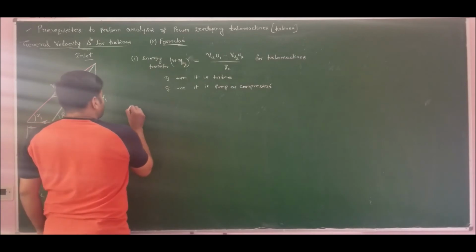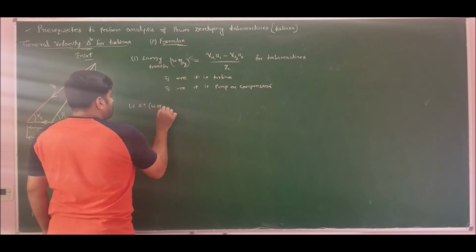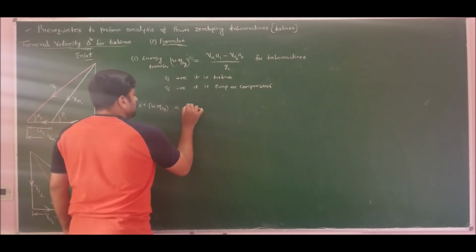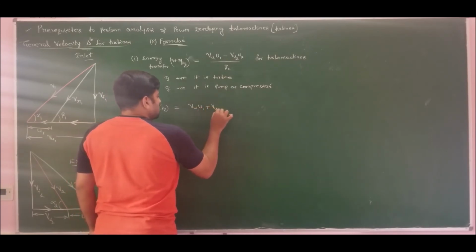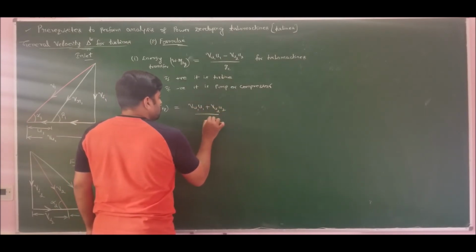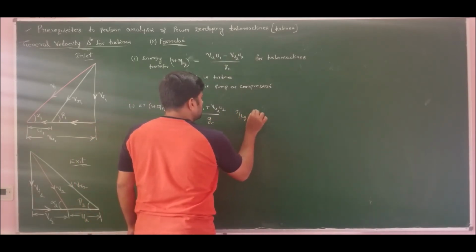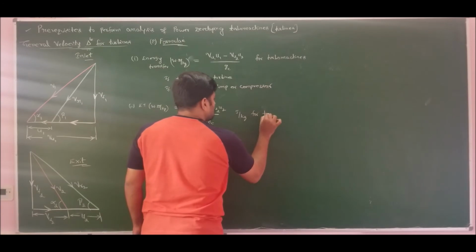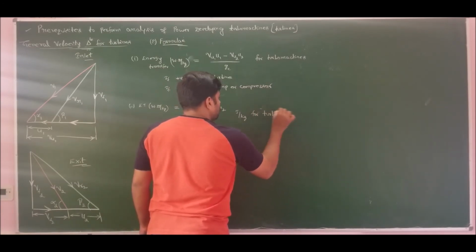Next, moving to the second one, energy transfer or work done per kg will be equal to Vu1 U1 plus Vu2 U2 by gc joules per kg for turbines, which is very important.